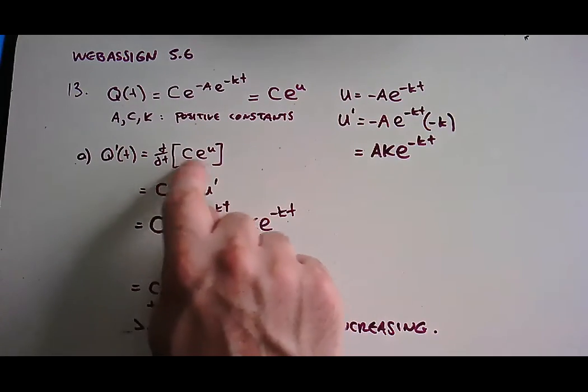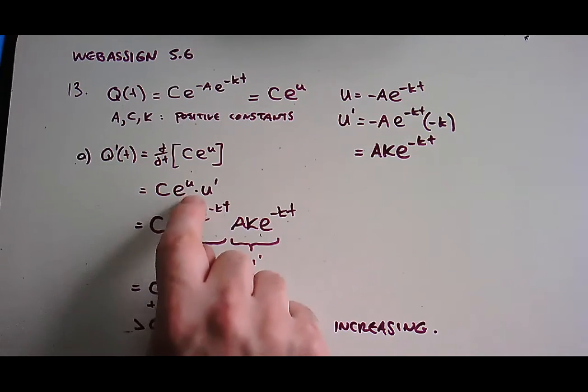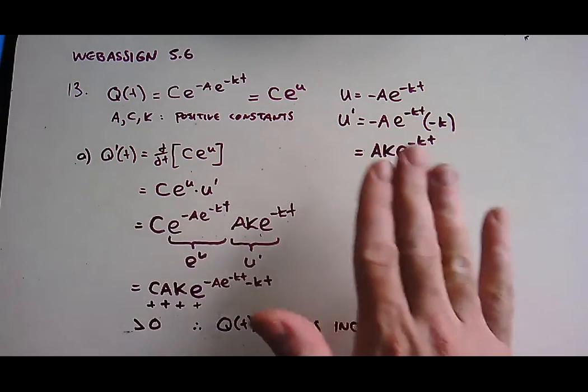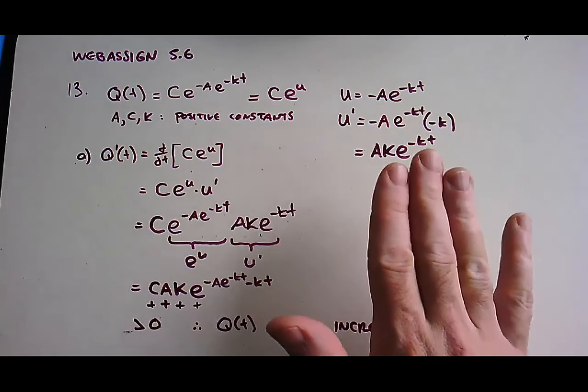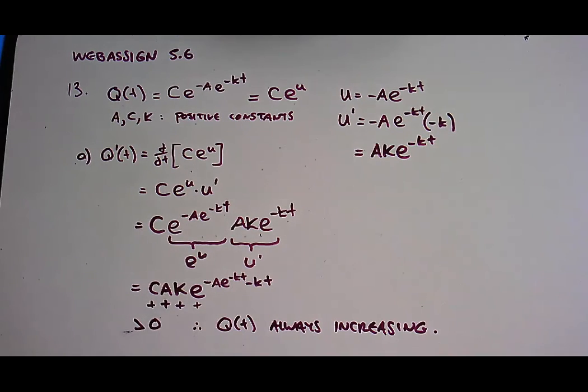I wrote it as c e to the u, took the derivative using the chain rule, and then what I needed to find was e to the u and u prime. And I did the u prime over here on the side, so it wasn't too many things at one time. And then all I had to do to finish my problem here was assemble the answer. So here we have part A. I'll come back in a moment and we'll see if we can do part B.